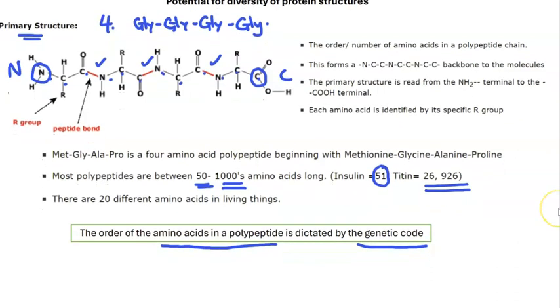So we have this complication and this potential for tremendous diversity, that we have 20 different amino acids, and we can organize and arrange them and join them together into chains of tremendous length, short and long, and we can change the sequence of those amino acids in the chain. So this potential is huge.